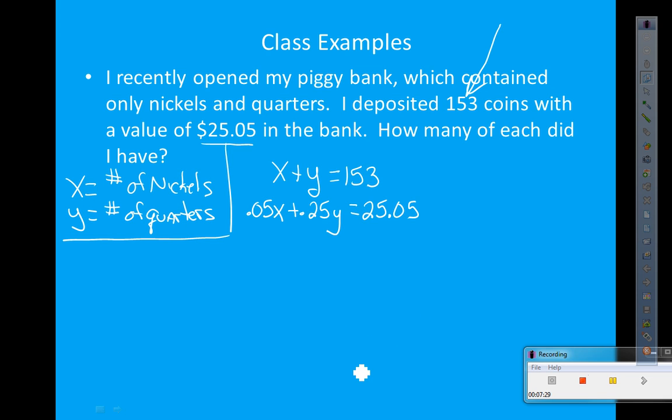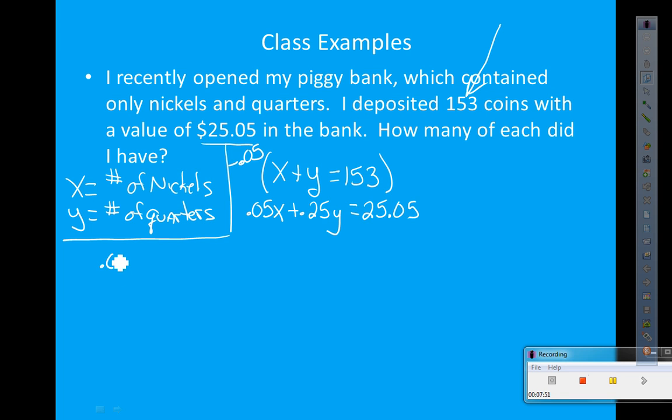Hey, don't be afraid because there's a decimal involved. Our goal is to still make something drop out. So I'm going to multiply this top equation by negative 0.05. The reason I'm going to do that, these x's are then going to drop out. So let me distribute, and I'll just write that down here.